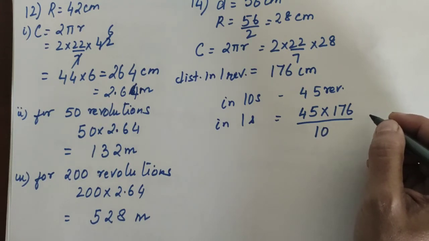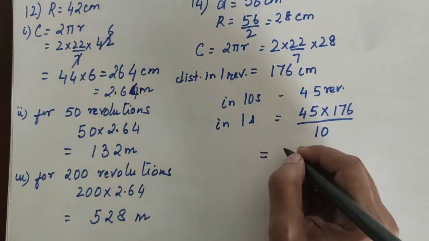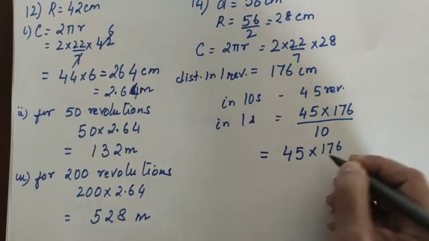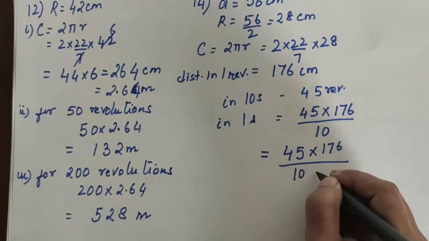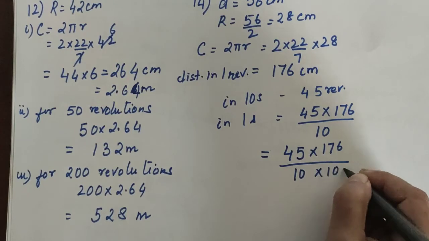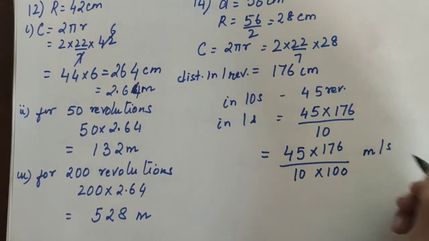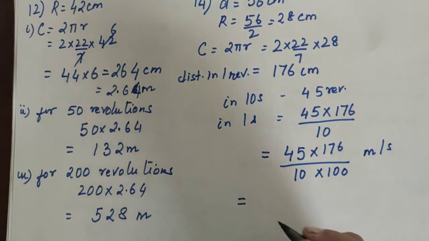Now when you have to convert it first into meters, I multiply it by 176 upon 10. You have to divide it by 100. So this is in meter per second. Now you are converting this into kilometer per hour. When you convert it into kilometer per hour, you remember you have to multiply it by 18 upon 5.